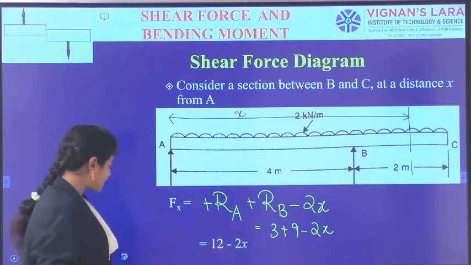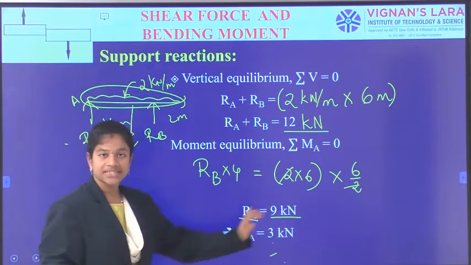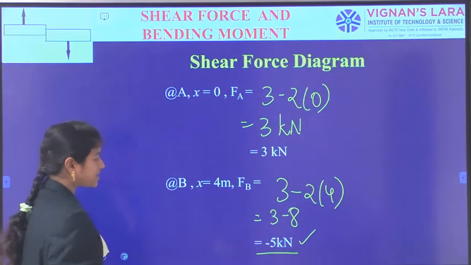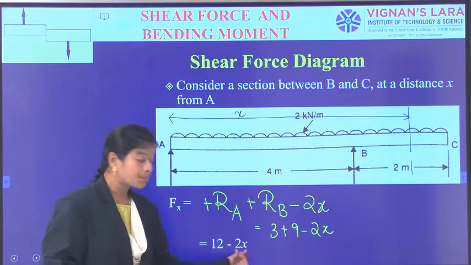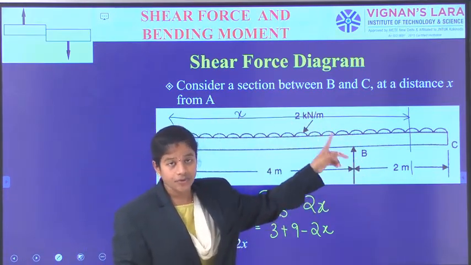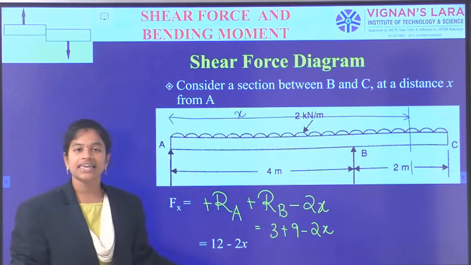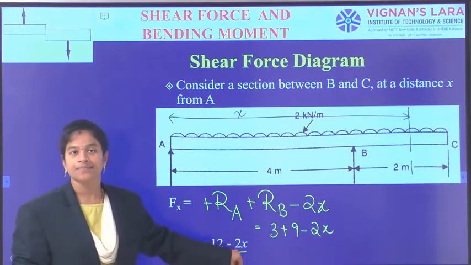As we have already calculated, RA is 3 and RB is 9. So 3 plus 9 minus 2 times x gives 12 minus 2x. So in between B and C, when we need to calculate the shear force at any point, this is the equation, and the location of that point is measured with x.